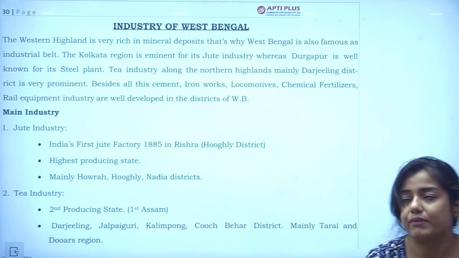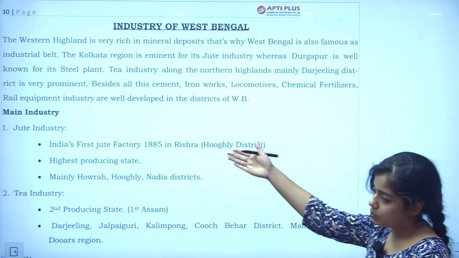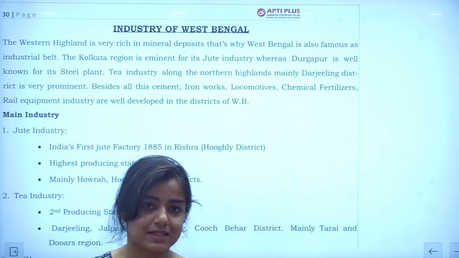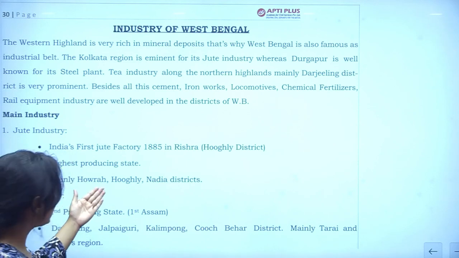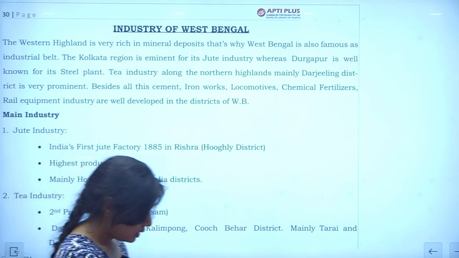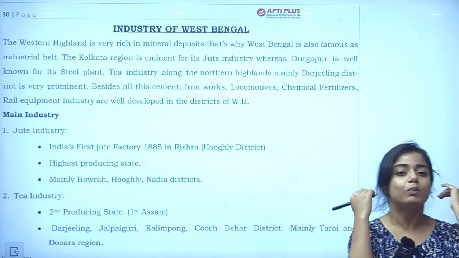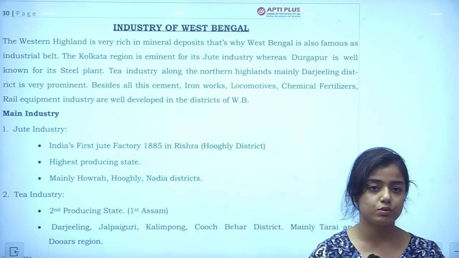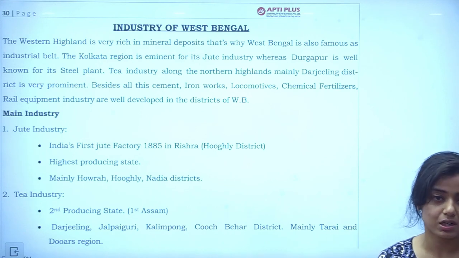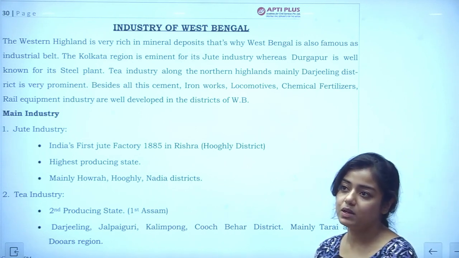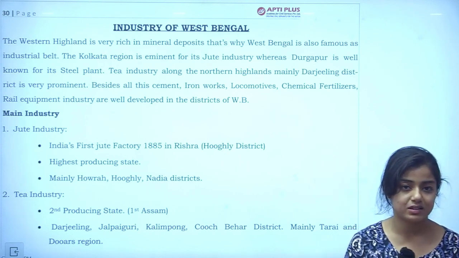Anyways, you have to read about the first factory of jute, followed by the highest producing state and the districts. And if possible, please do read why there was a jute factory, the jute production decline in West Bengal, and what are the measures by which we can revive this industry.